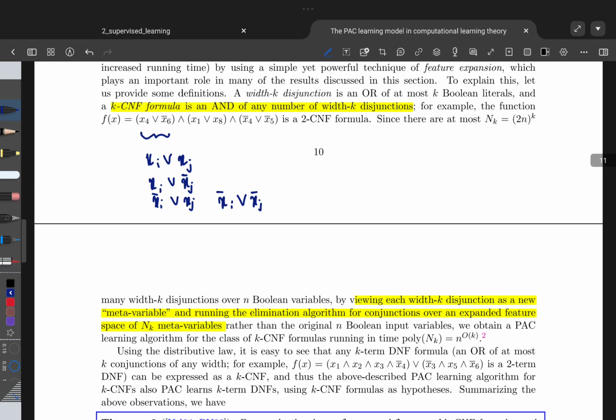It can only be one of these combinations. How many ways are there of choosing this?